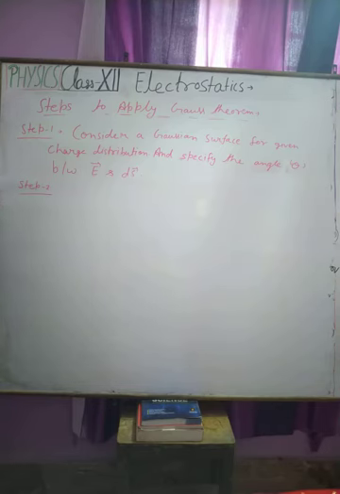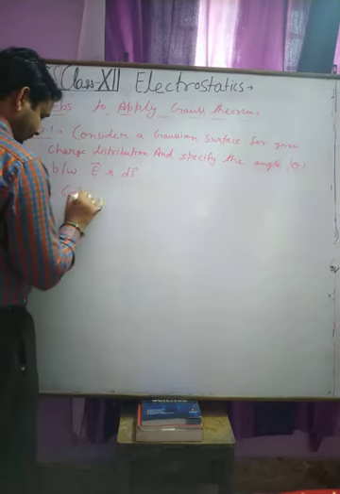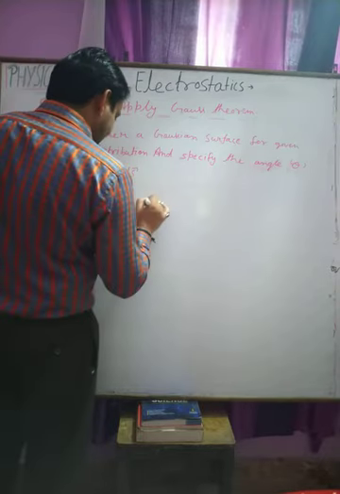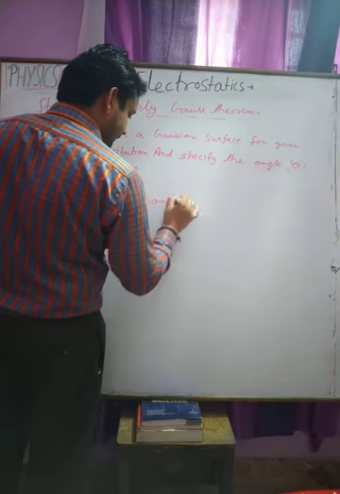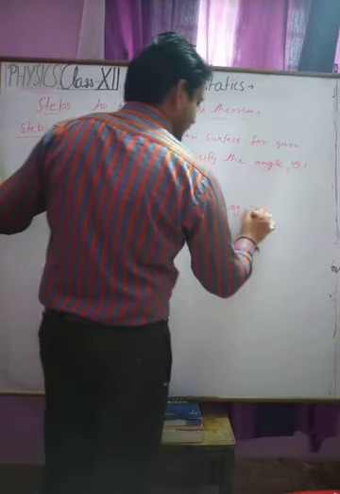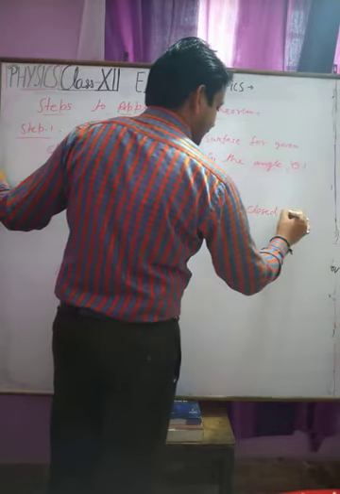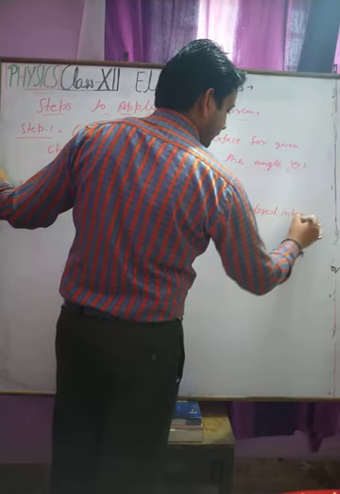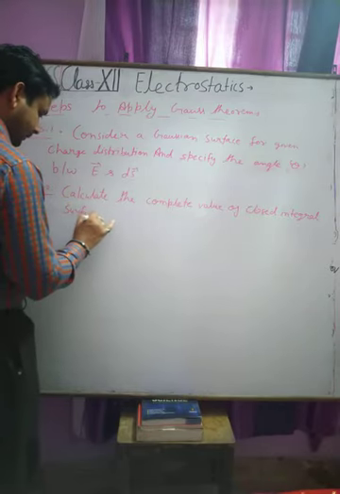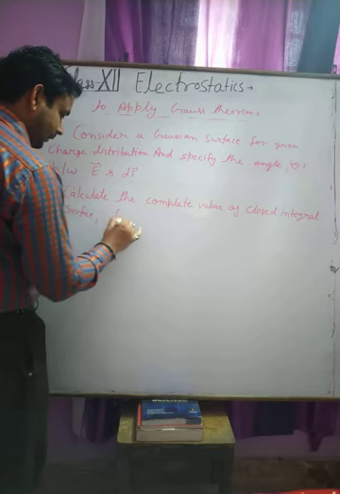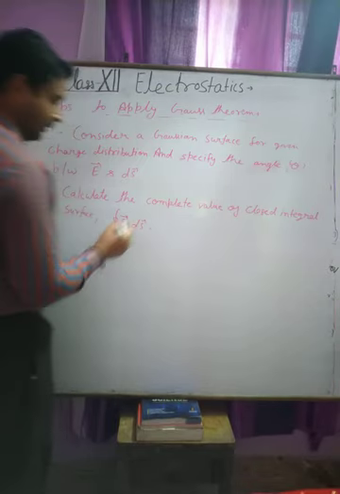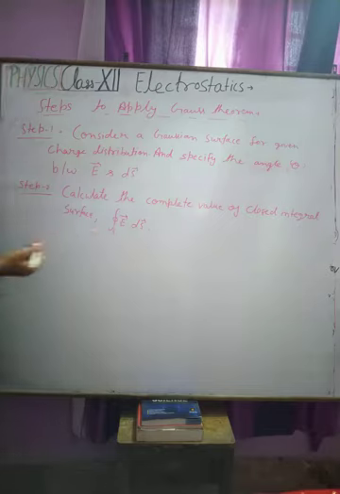Second step is calculate the closed integral. Calculate the complete value of closed integral surface, that is closed integral vector E dot ds, okay.